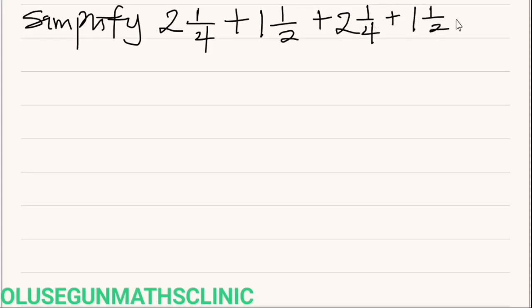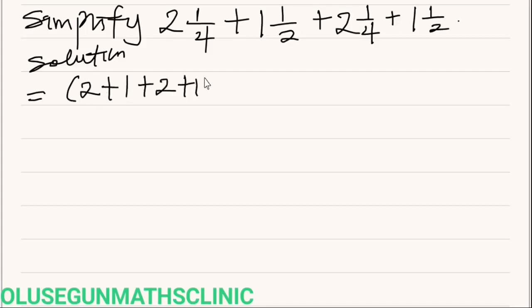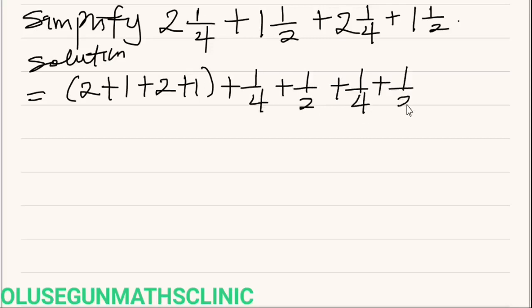So, in simplifying this, as I've said earlier, the first thing you need to do is add up the integer parts to have 2 plus 1 plus 2 plus 1, now plus 1 over 4 plus 1 over 2 plus 1 over 4 plus 1 over 2.